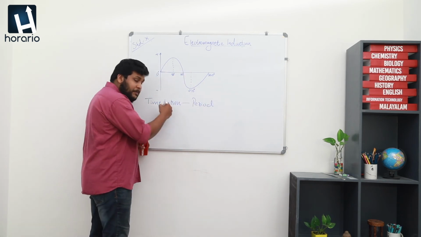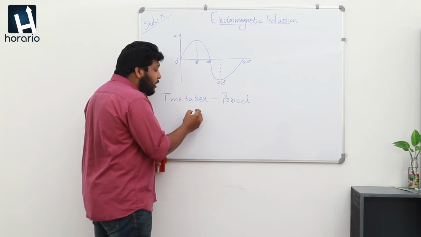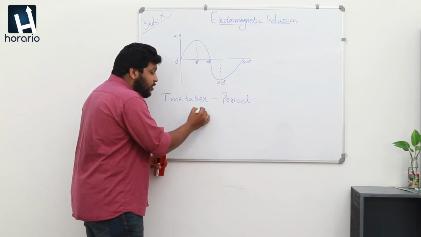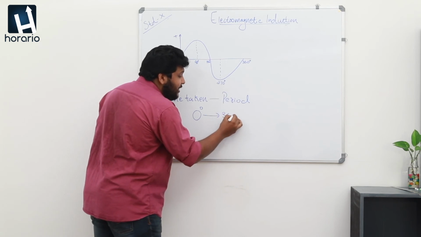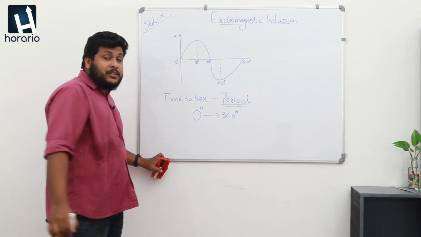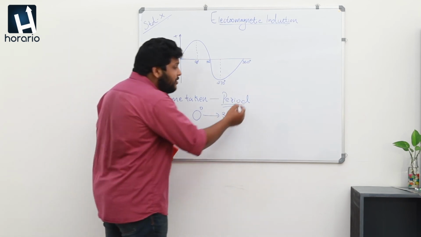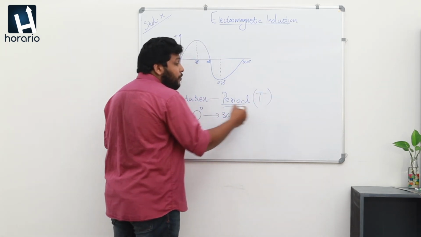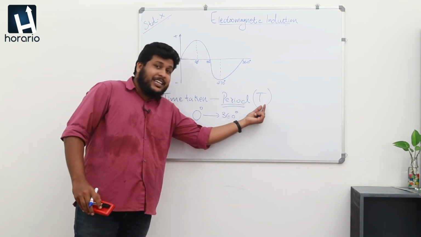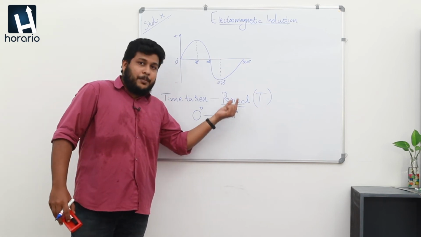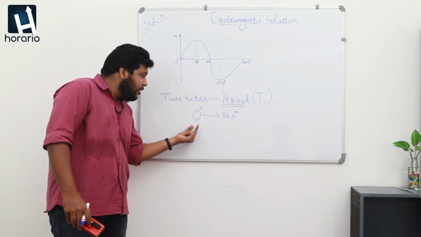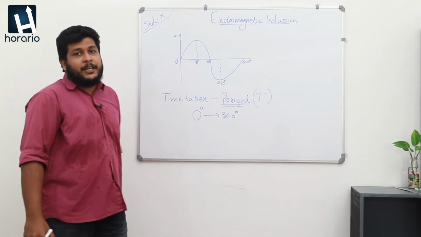Or it can simply be said that the time required for this armature to move from 0 degrees to 360 degrees is known as the period, and we represent this period with the capital letter T. If in the question paper you see T, it means the period, and the period means the time taken for the armature to go from 0 degrees to 360 degrees.